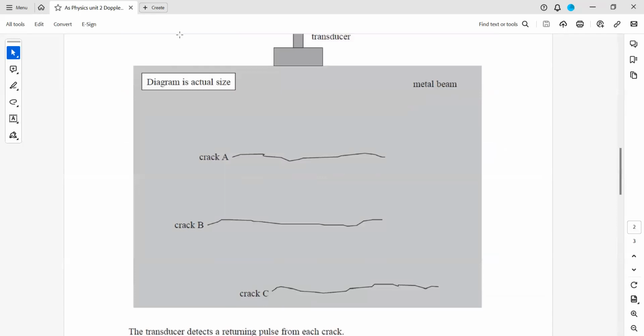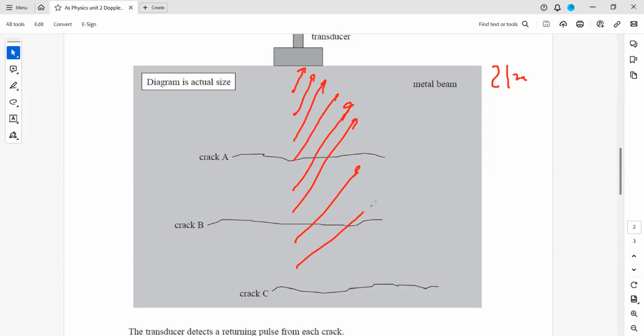For example, say I'm using a pulse of length 2 centimeters. After 2 centimeters, some proportion of the pulse will reflect. After another 2 centimeters, some proportion will reflect. There will be a change in speed when it passes through the crack, but within the material, like within a metal beam, it will be constant. So after every 2 centimeters, a small proportion of the wave will reflect. So we'll have a more detailed image.